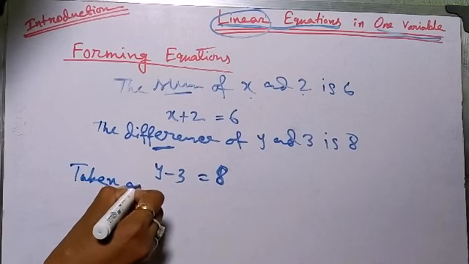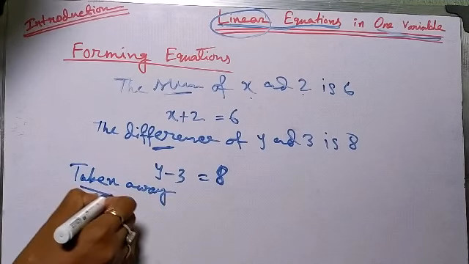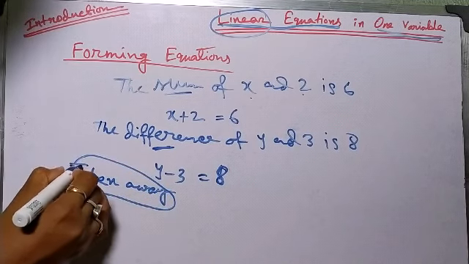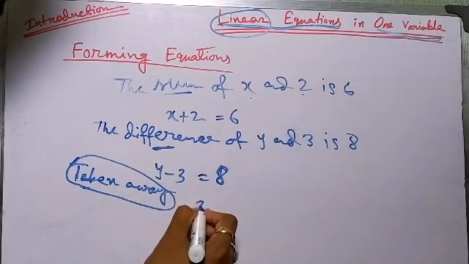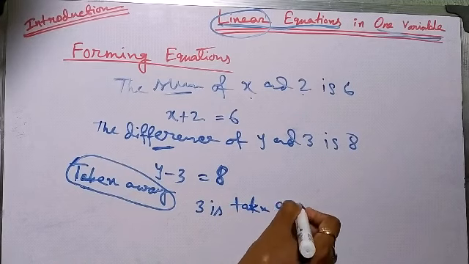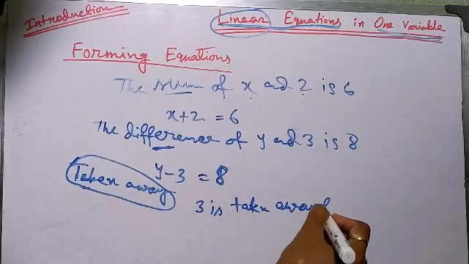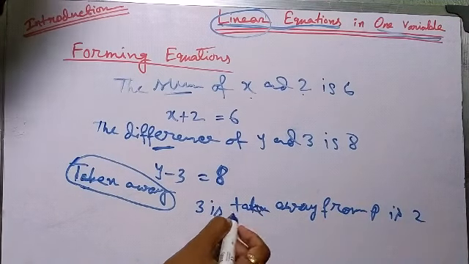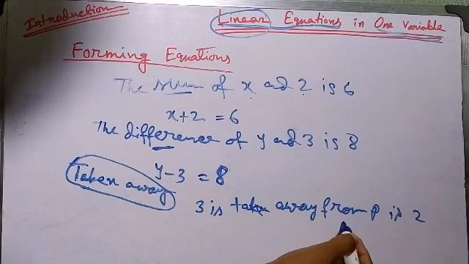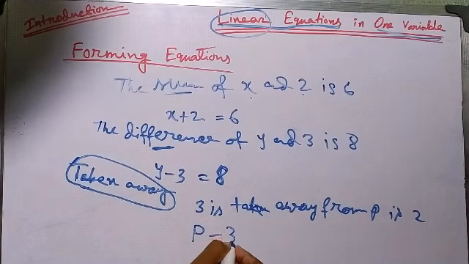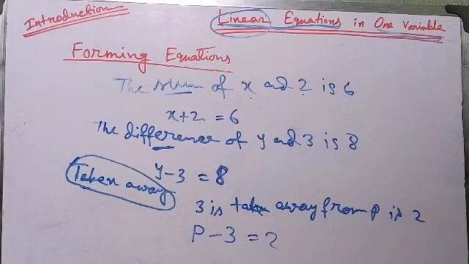Suppose 3 is taken away from P is 2. Taken away means just take from the variable term P. That means P minus 3 equal to 2.